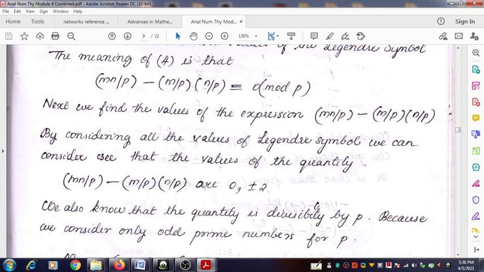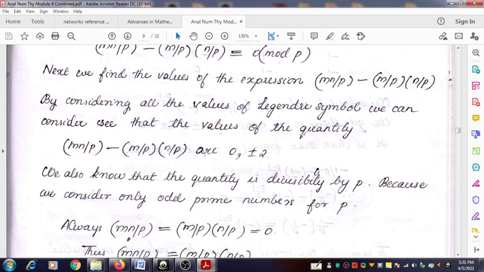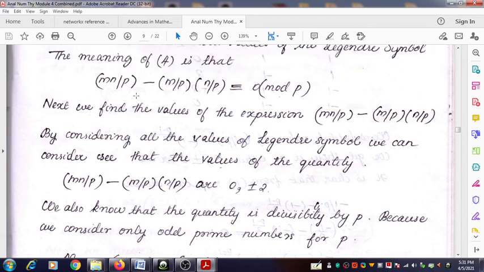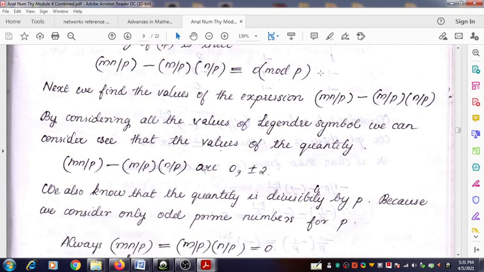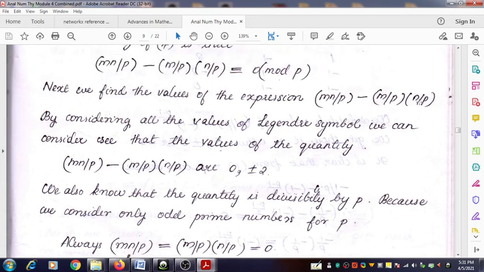Then by considering all the possible values of the Legendre symbol, we can see that (mn/p) minus (m/p)(n/p) can take only the values 0, plus 2 or minus 2, because you cannot take plus 1 or minus 1 without thinking about the product mn.